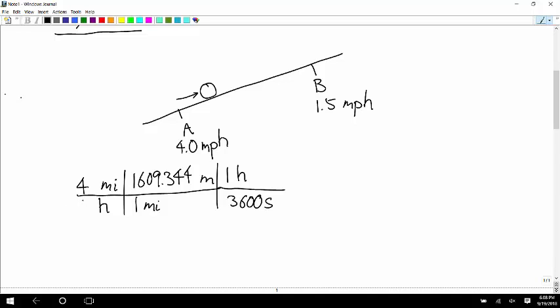So can someone do that? 4 times 1609.344 divided by 3,600? Okay, so 1.788 meters per second. And then 1.5 miles per hour, if you go through the same thing, what's that? 0.671 meters per second.